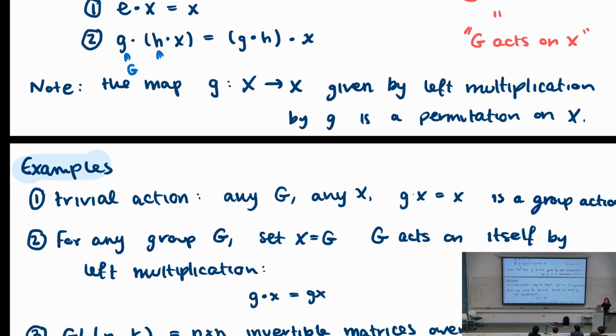So little g and little h are elements of the group, and then little x is an element of the set big X. So this multiplication is the group action, and this multiplication is the group action, but this multiplication is the multiplication in G. Yeah. Are there other questions?